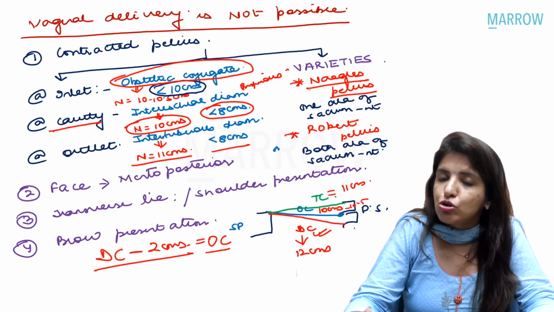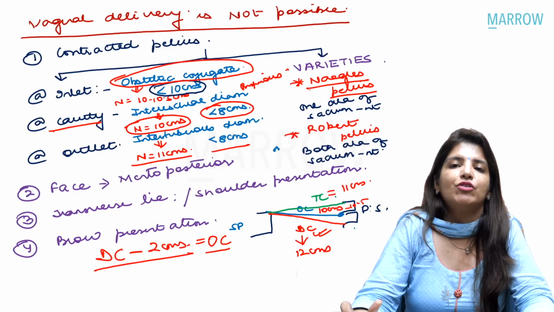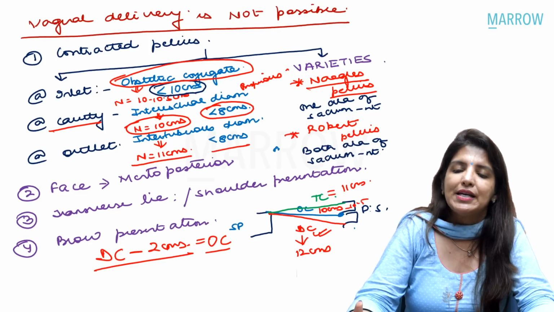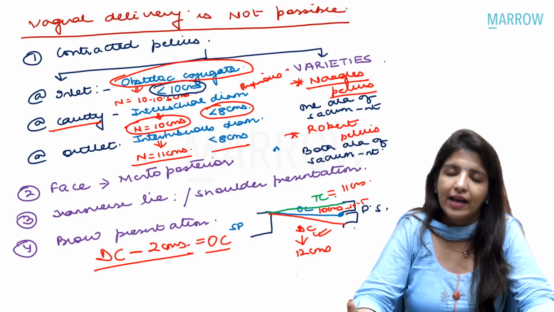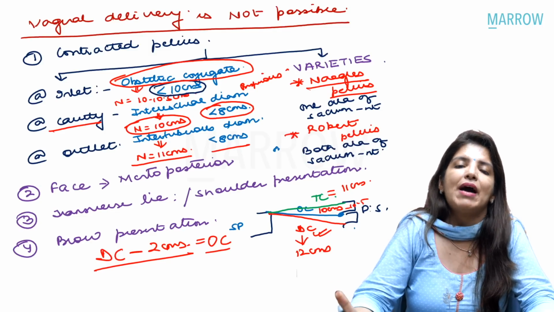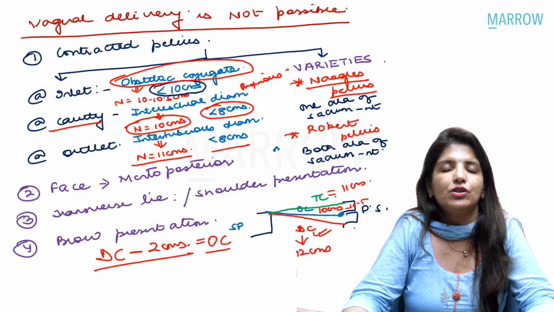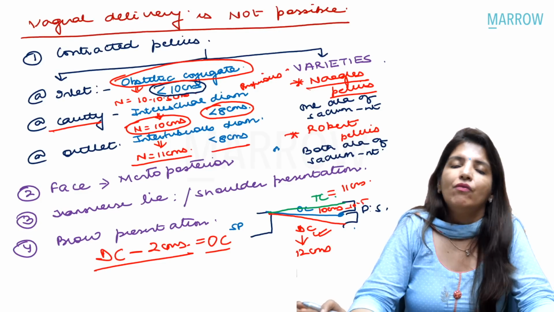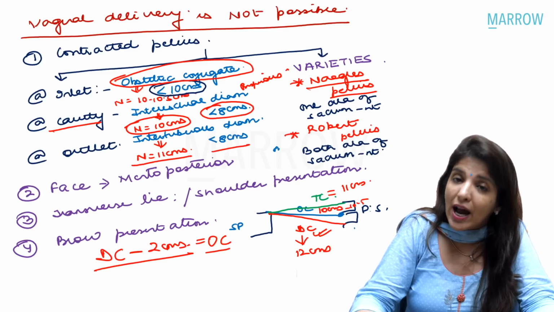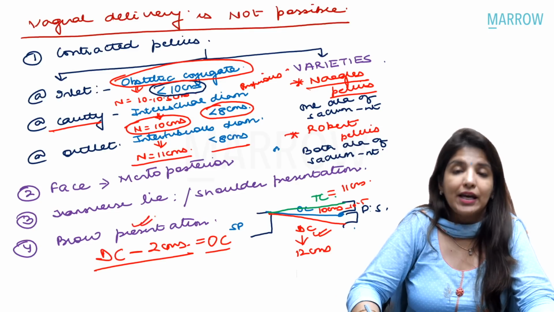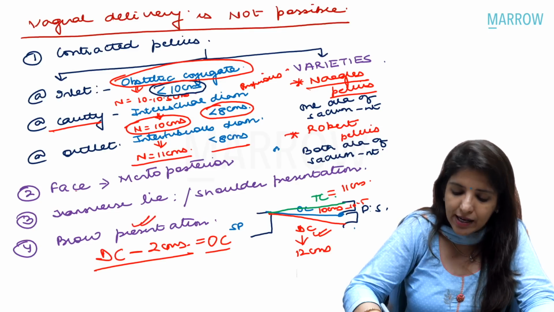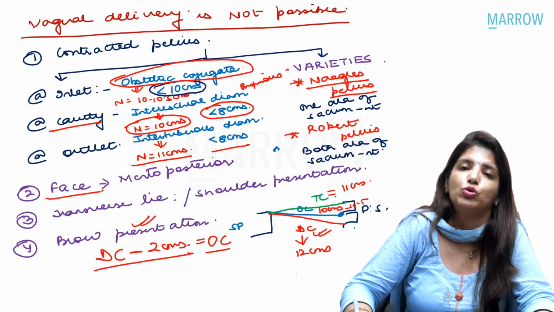Vaginal delivery is also not possible if lie of the baby is transverse. So if baby is lying in a transverse lie, it is the same as shoulder presentation. So whether it's a transverse lie or shoulder presentation, again, vaginal delivery is not possible. Vaginal delivery is also not possible in case of brow presentation and in case of face in mento posterior.